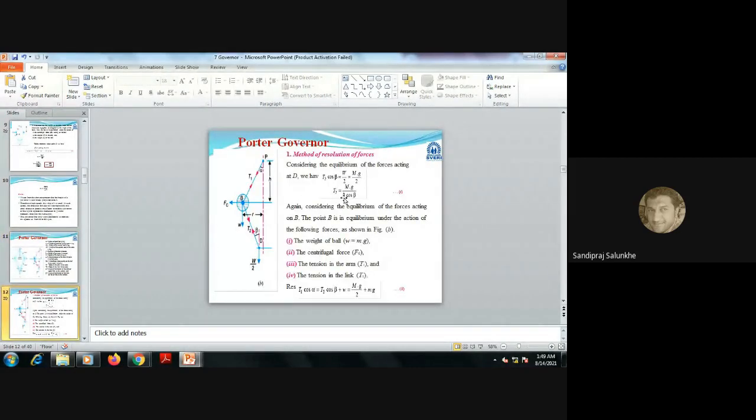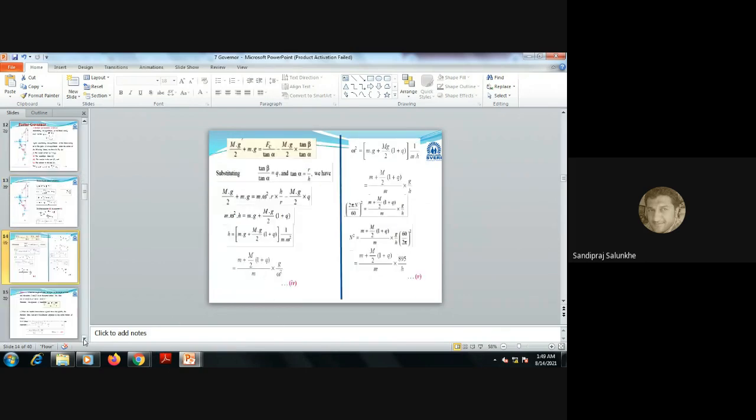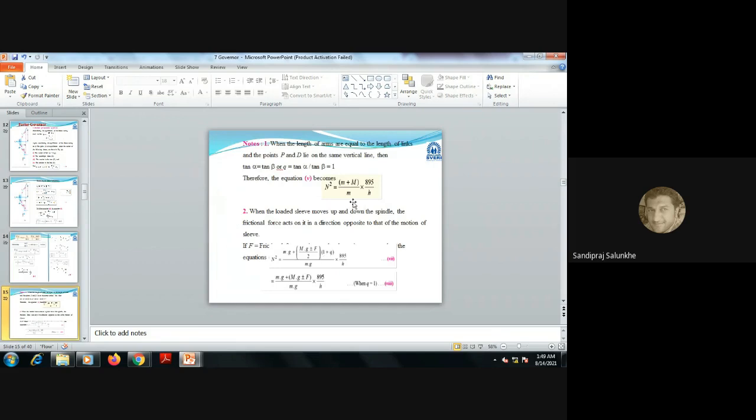Now, when we are analyzing the forces acting on this half part of the governor, the controlling equation we got is n square is equal to small m into capital M divided by small m into 895, divided by h. h is the height of that governor.